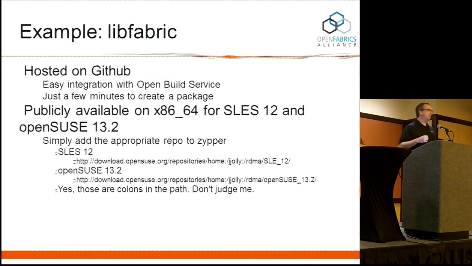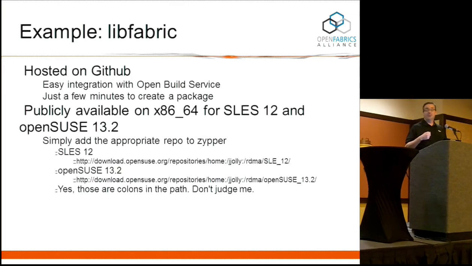Actually it stopped building because somebody had made a submission and broke it, but then it started building again when somebody fixed that problem. It only took a few minutes to create this brand new package on the Open Build Service. The moment I created this, it created the binary packages and published them publicly. You can download them from those web addresses right now if you have those distributions.